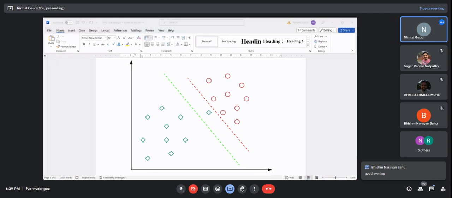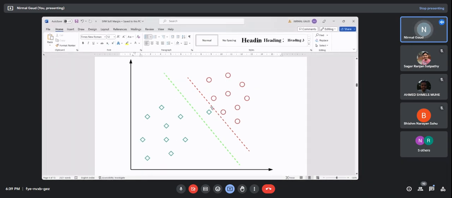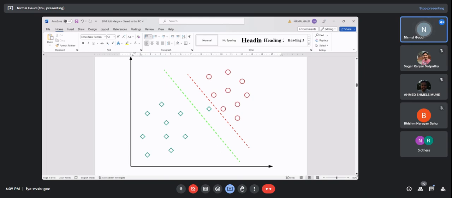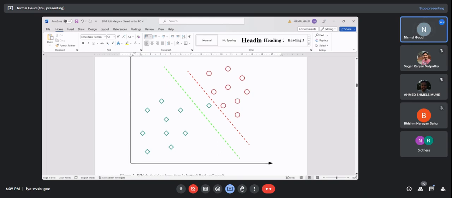So how to make a soft margin? Here is what we were discussing in the previous class. You have two margins available, one is the green margin, one is the red margin. If you make a red margin in this particular case, obviously there is no error, no fault.